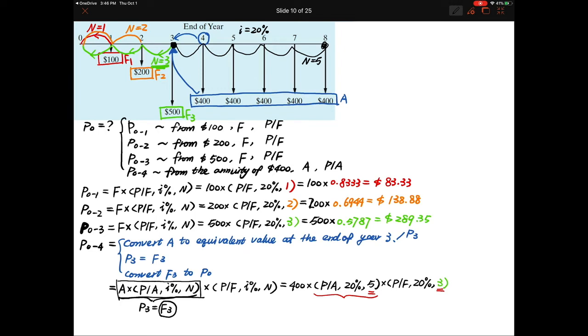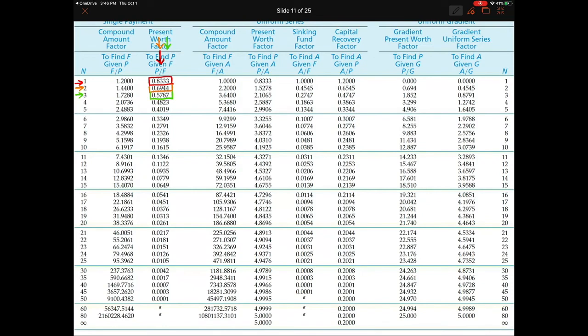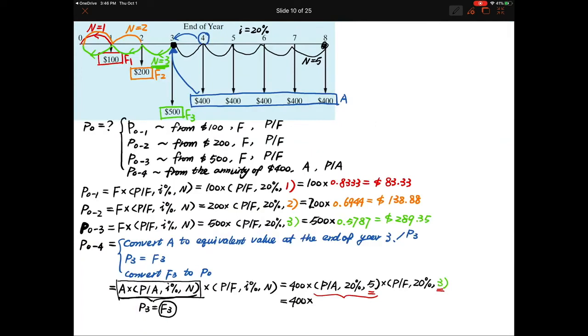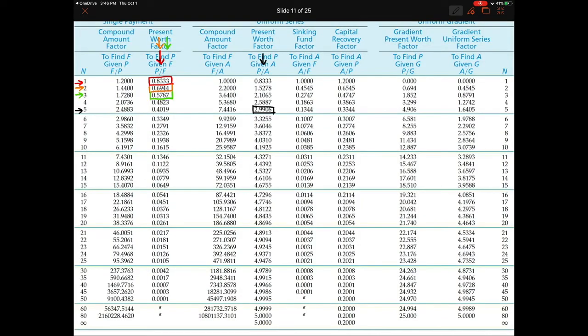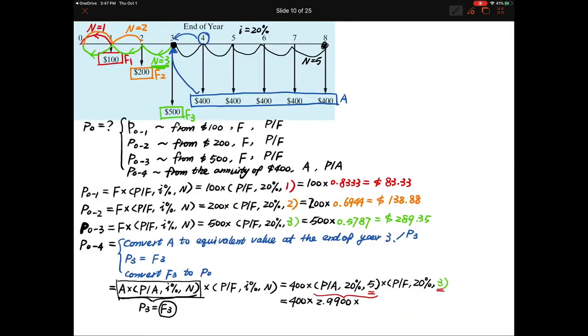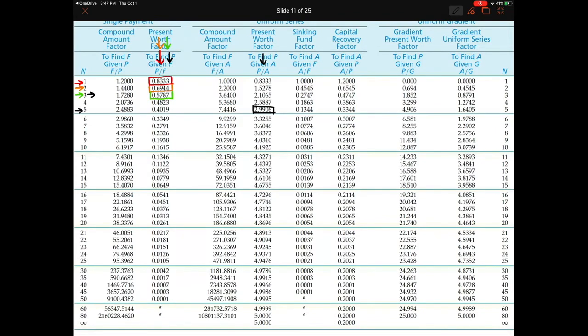So now let's go check these factors. Let's write it down here. First factor, P/A. Same table, P/A is this column. Number of periods is 5, so that's this value, 2.9900, times another one, P/F, and the number of years is 3.